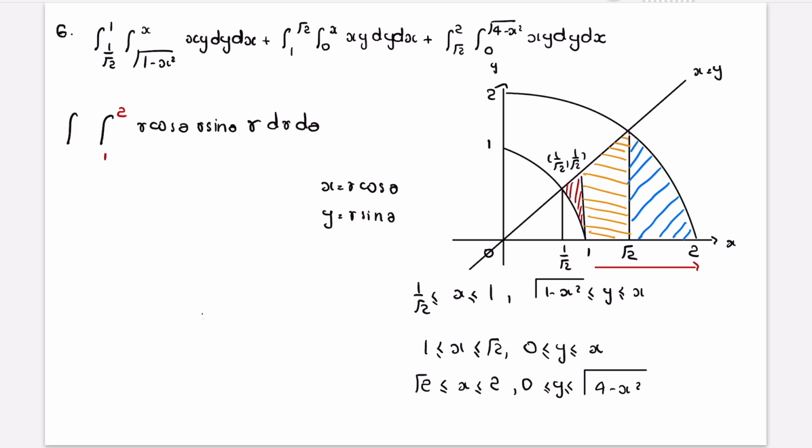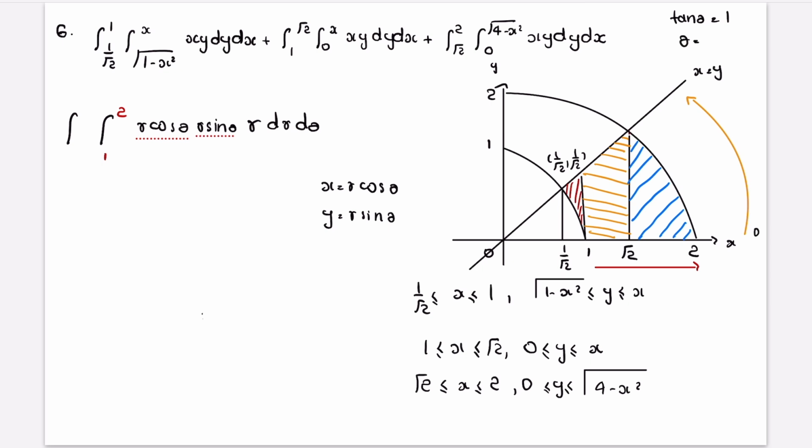And theta is between 0, you can note that, and then h equal to y. That means y by h equal to 1, so tan theta is 1.